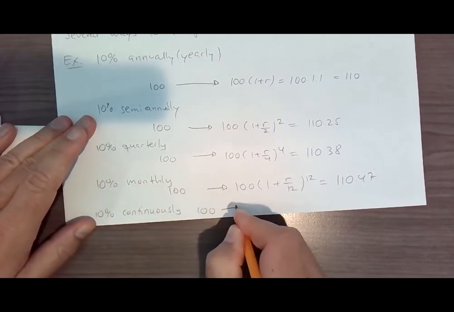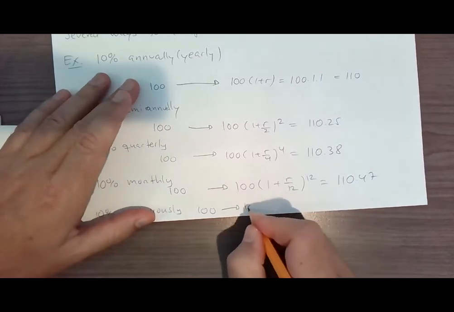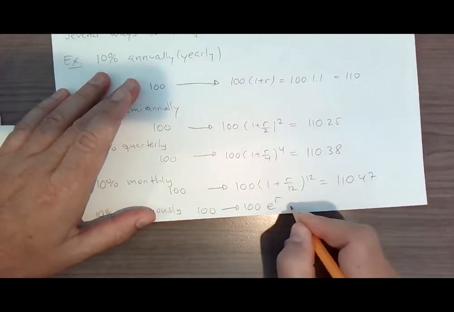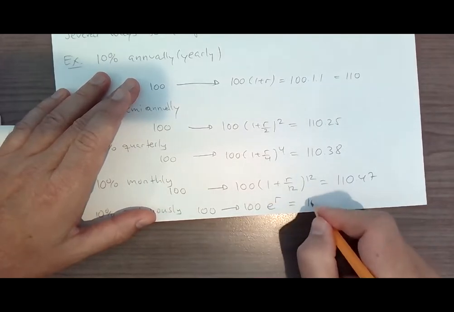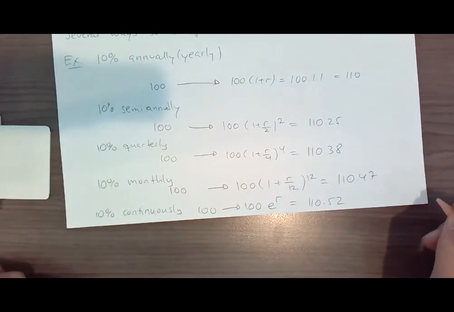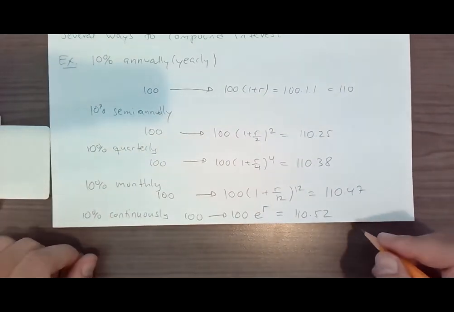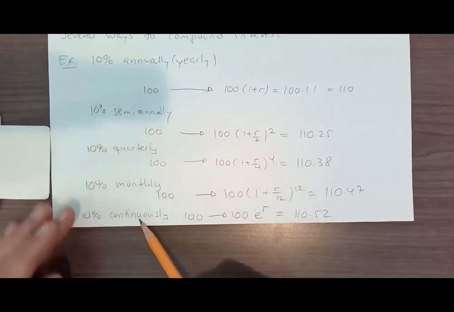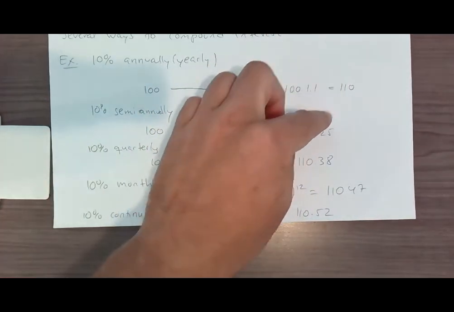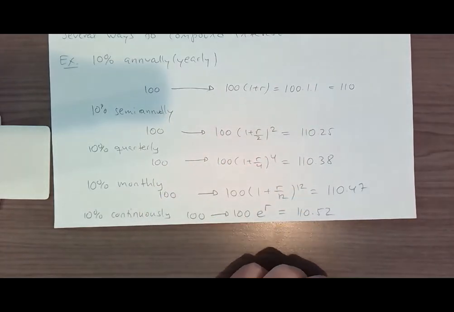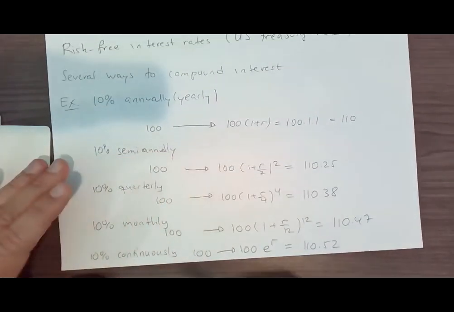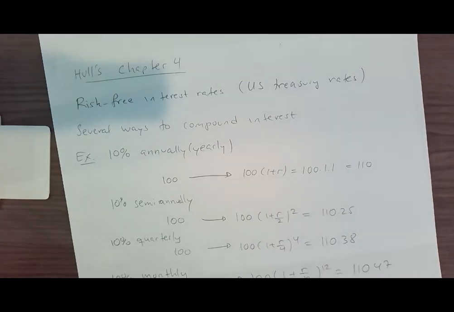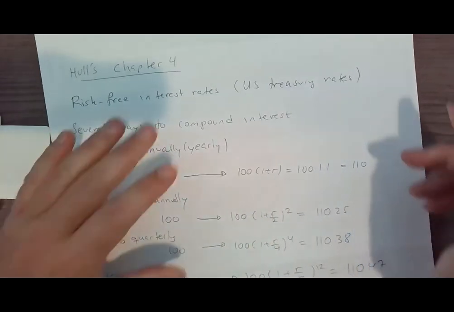You put 100 in, and at the end you're going to get 100 times e to the R, so this is 110.52. So when you see the words annually, semi-annually, quarterly, and monthly, there is some effect. Continuous compounding is something that academics do a lot and is done less in practice.